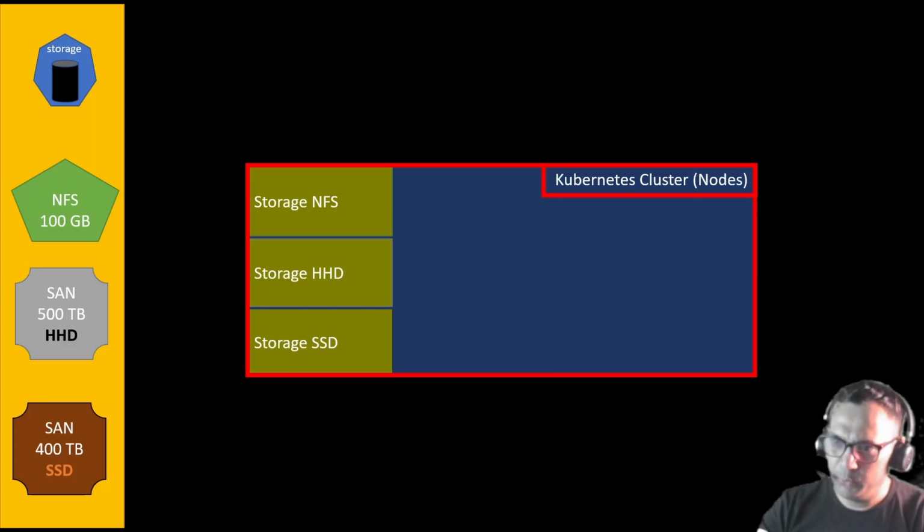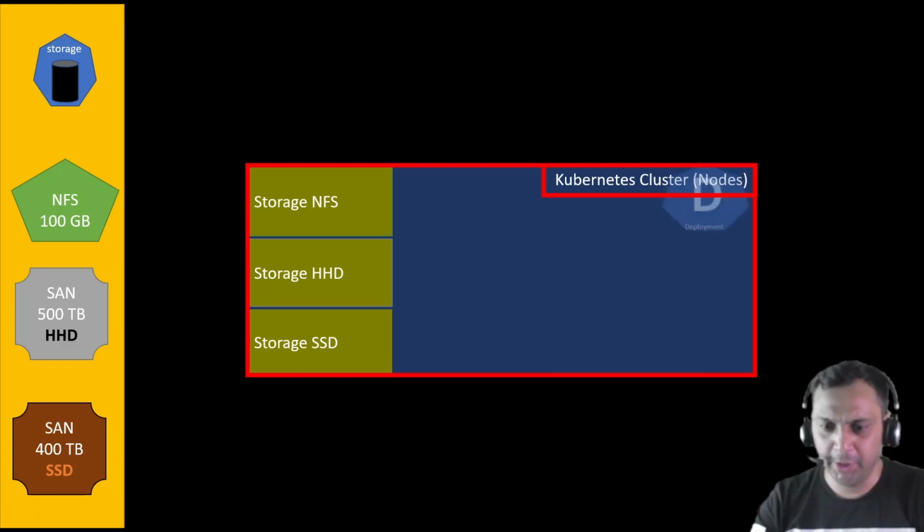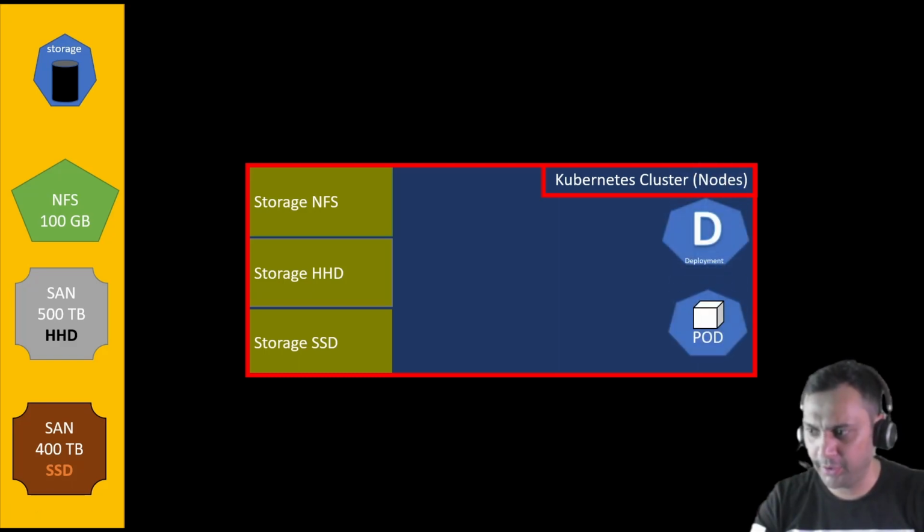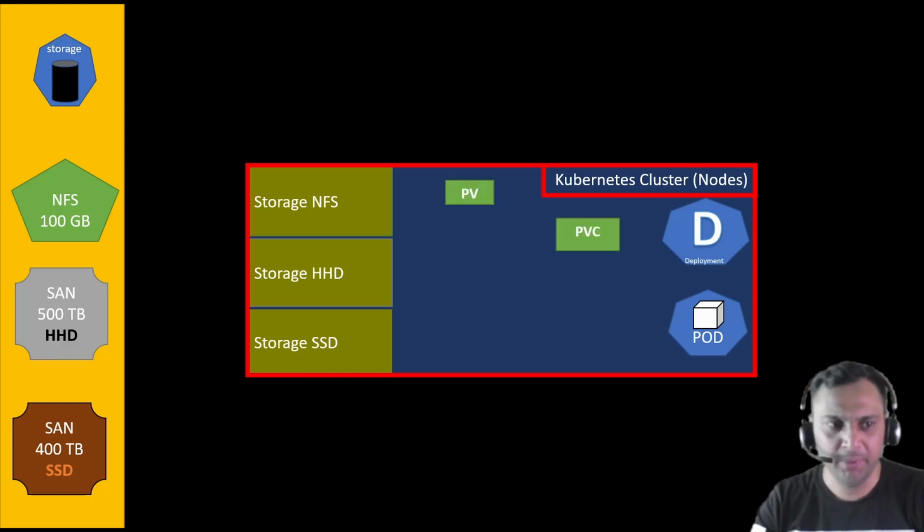Whenever a developer uses a volume in a pod, he needs to create only a single object called PVC. Kubernetes will create the PV automatically, which I have already covered. When we create the deployment, a new pod will be created, and when we create the PVC, a new PV will be created automatically, right? So this pod will access this PVC, and this PVC will access this PV, and this PV will go to storage NFS.